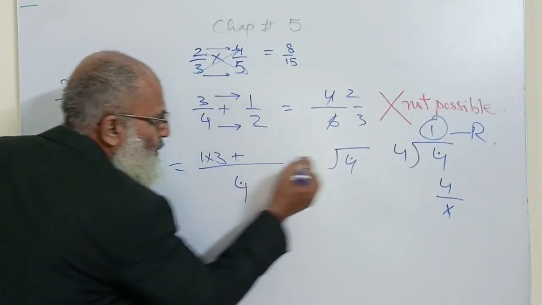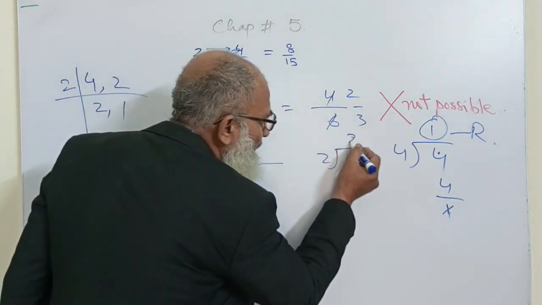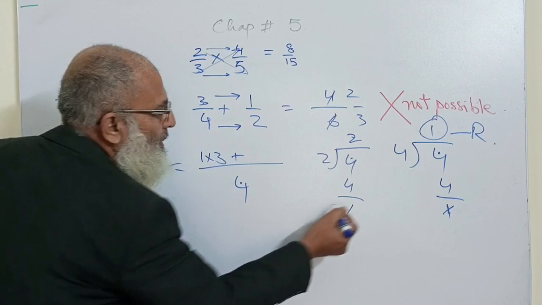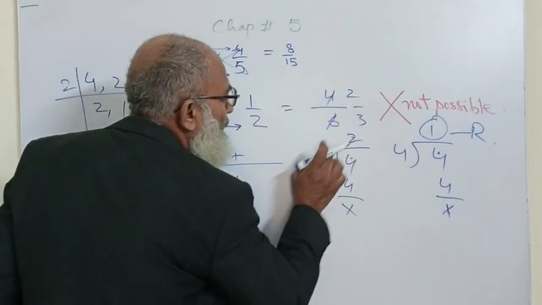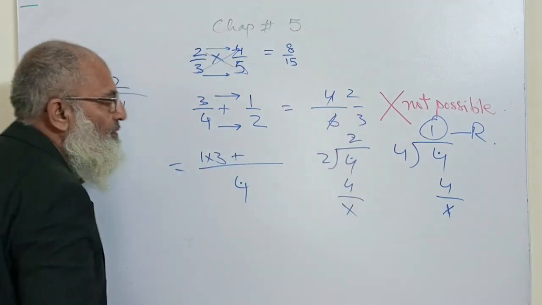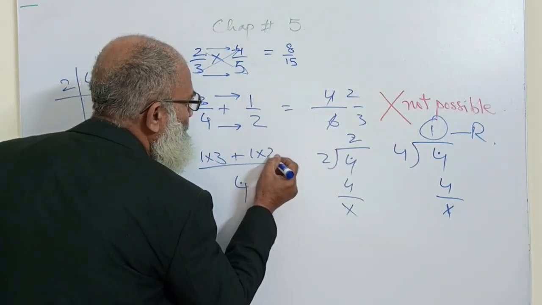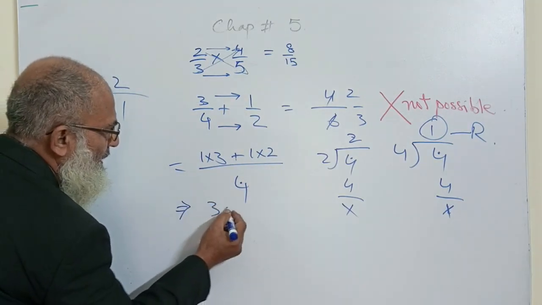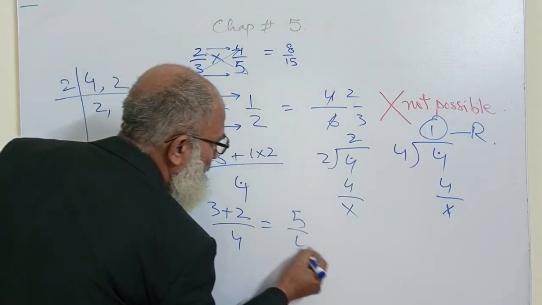So 2 is our next denominator. 2 times 4 will become 0. So now this 2 will multiply with this one. 1 multiplied by 2. Now the result is 3 plus 2 divided by 4, and that is 5 upon 4.